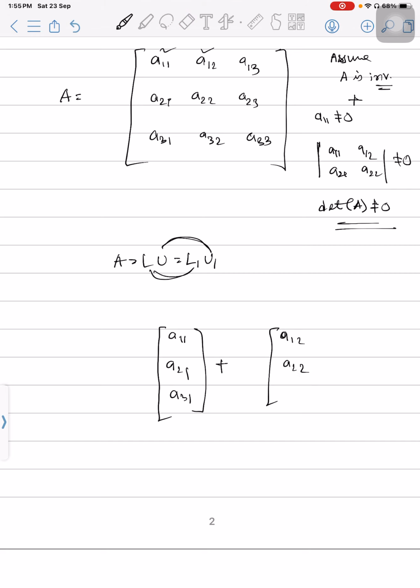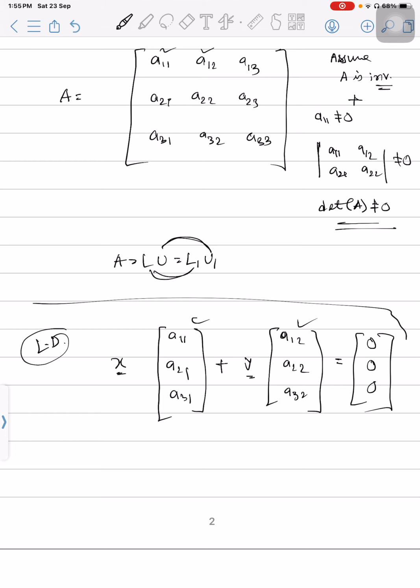You will say these two are linearly dependent if there exist non-zero real numbers x and y such that this equation holds. Then we say these two vectors are linearly dependent. You can continue this in general, with more than two vectors, and you can also consider an infinite number of vectors.